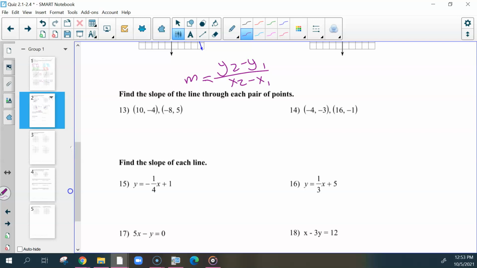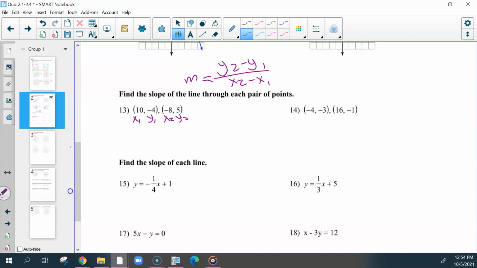For this, if you switch your x's and y's, it messed your slope up. If you switch these, like it said y1 and y2, as long as it said x1 and x2, that was fine. If when writing or labeling these, you put y and then x, you basically switch these also.